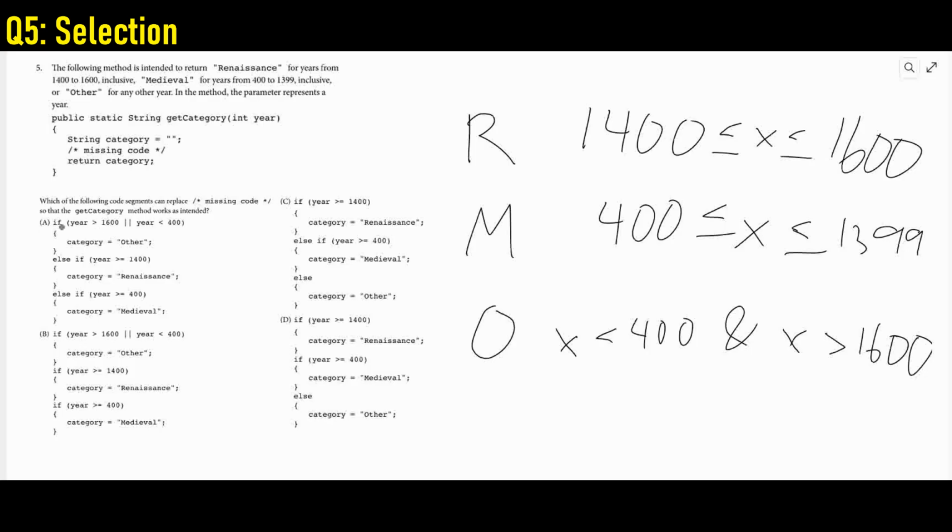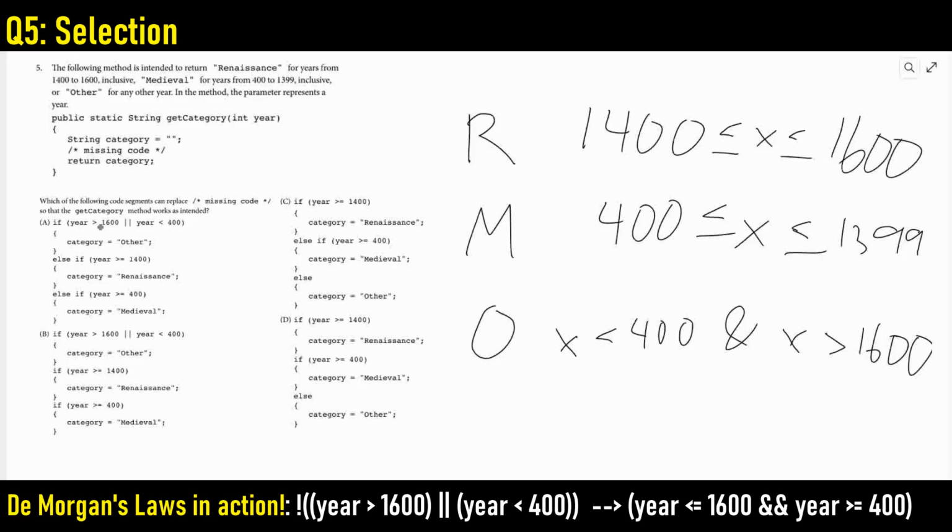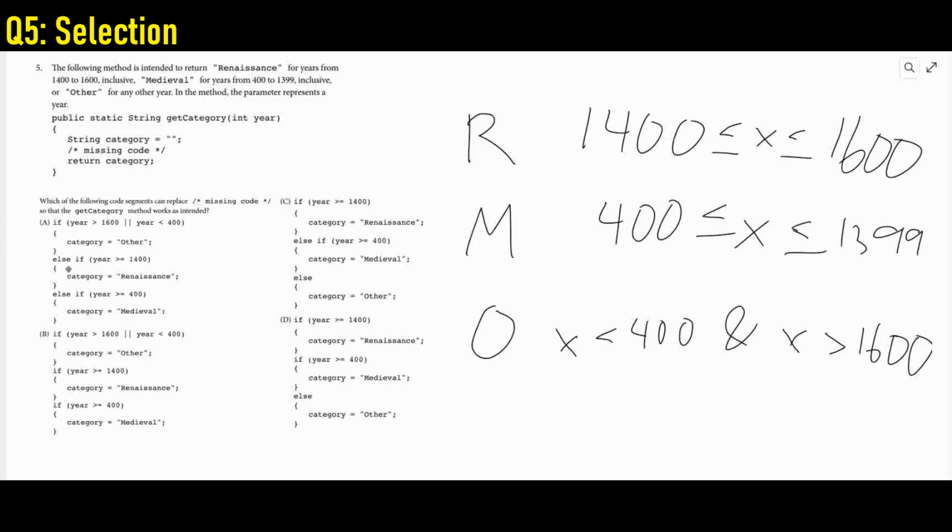And so we start off with an if year is greater than 1600 or year is less than 400. Category should be set to other, which matches what we wrote down here. And so that checks out. Then we do an else if. So if year is not greater than 1600 and year is not less than 400, then we go to this block of code here.